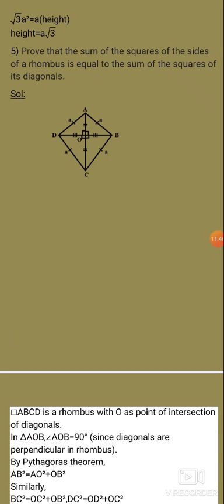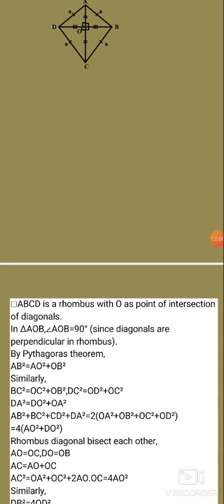In triangle AOB, angle AOB is equal to 90 degrees since diagonals are perpendicular in a rhombus. By Pythagoras theorem, AB square is equal to OA square plus OB square. Similarly, BC square is equal to OC square plus OB square. DC square is equal to OD square plus OC square.